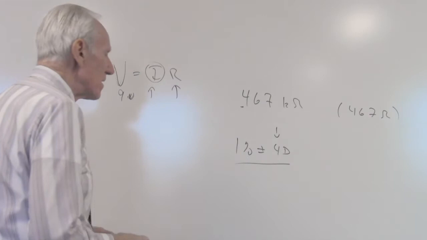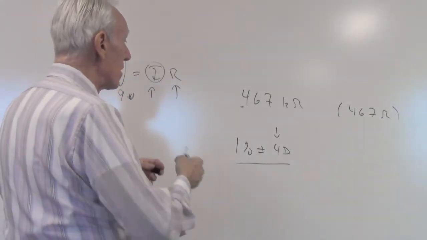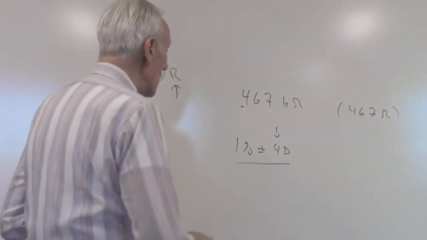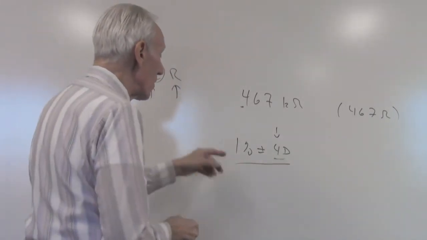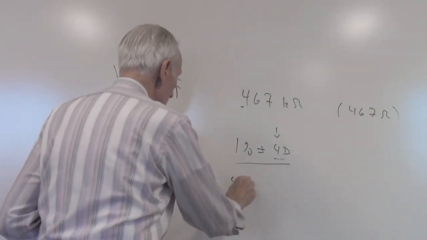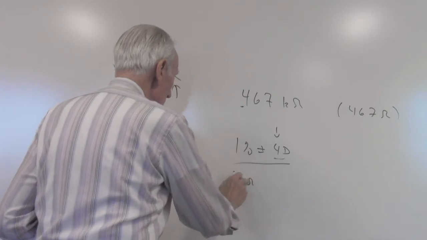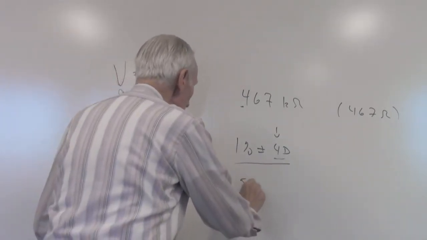That is, these meters are easier to read. Again, you want to read the meter with the most number of digits showing, because this is the thing you have to add on to the 1%. So 1% is 4.7 ohms. We'll call it 5 ohms. We're talking just in ohms, 5 ohms.